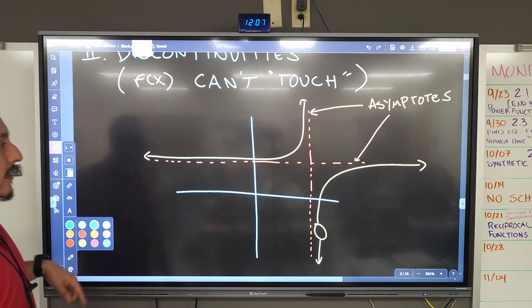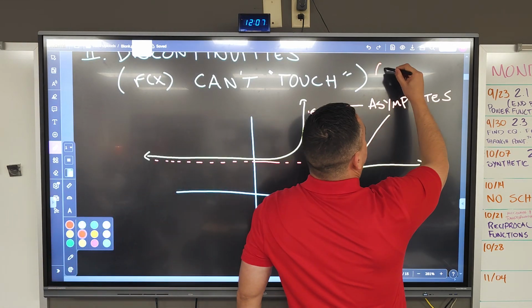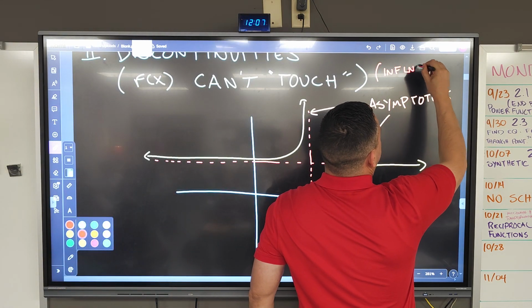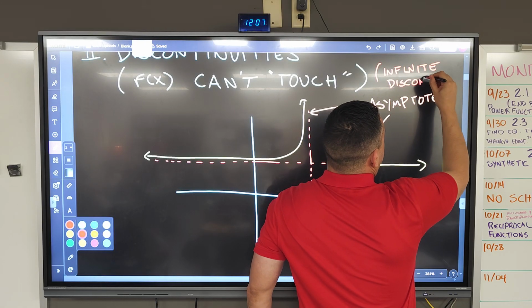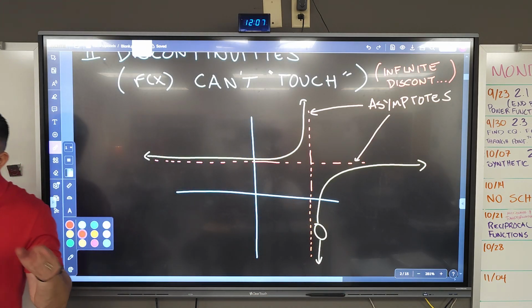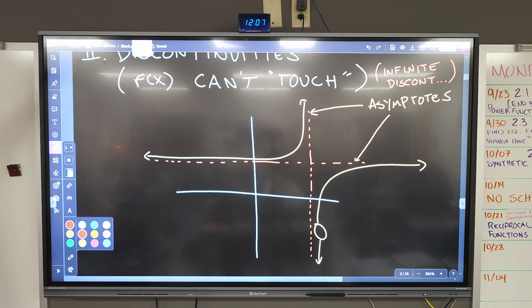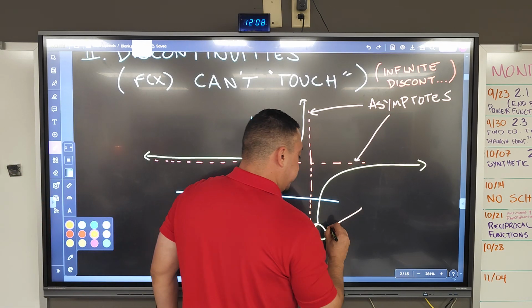More precisely, and again, we'll dive deeper tomorrow, these are called infinite discontinuities, which again makes perfect sense because it's infinitely long, so you can never touch it. No matter how high or low you go, it's always there. So it's infinitely long. Okay. This right here is called a hole.